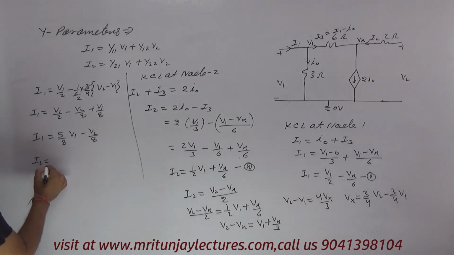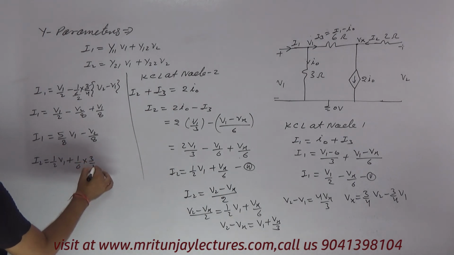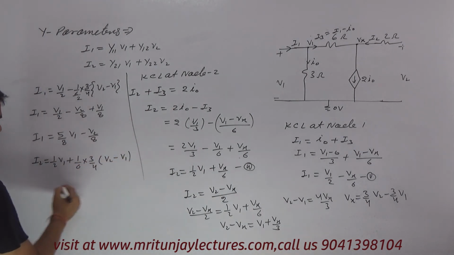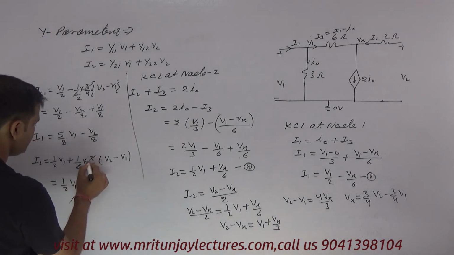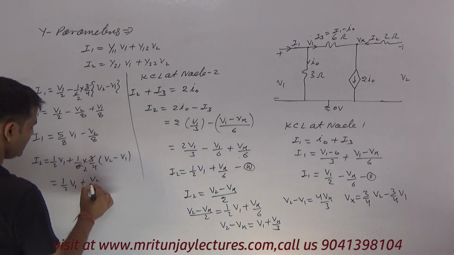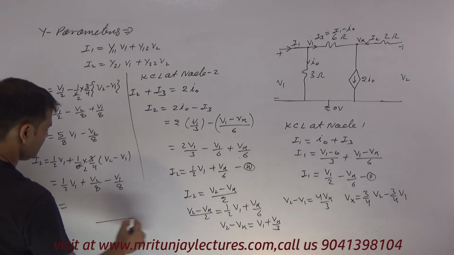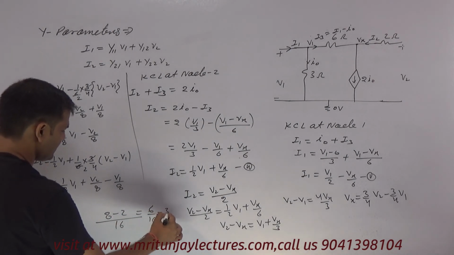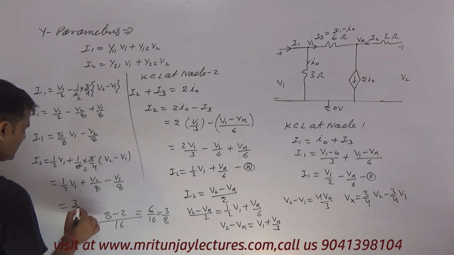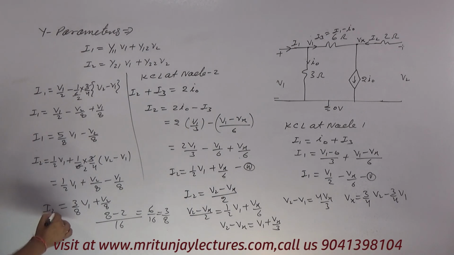Now next target I2. I2 is 1 by 2 V1 plus 1 by 6 into 3 by 4 V2 minus V1. Same thing, so V2 by 8 minus V1 by 8. Again that is 8 minus 2, that is 6 by 16, 3 by 8, that is 3 by 8 V1 plus V2 by 8, that is I2.